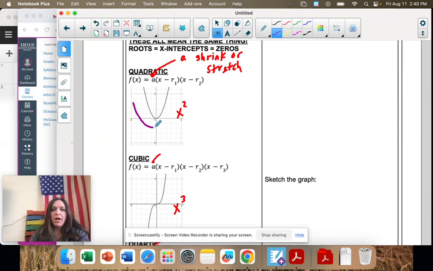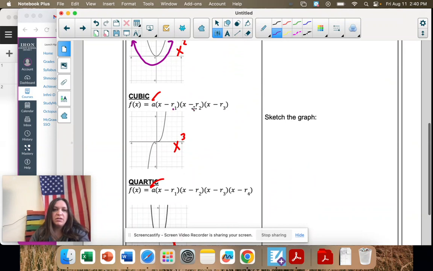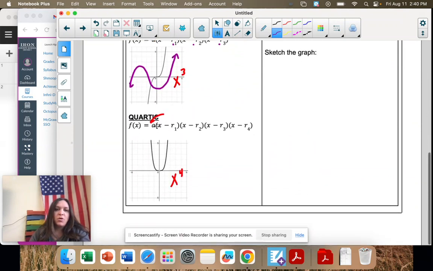It could be really wide. And then once we have a cubic, we start to get three different roots. It starts to look like this. And same with a quartic. That means it crosses 4 times, so it starts to look like this.